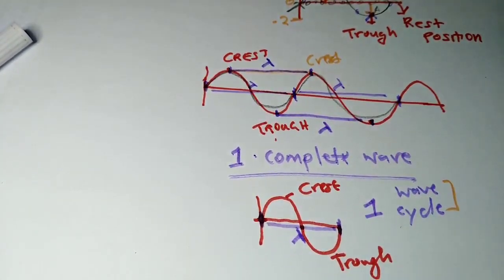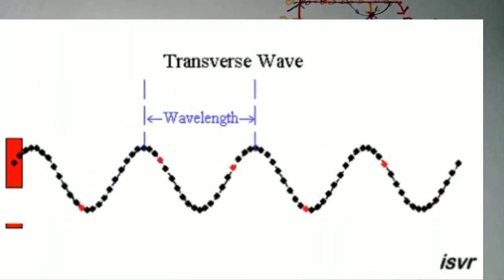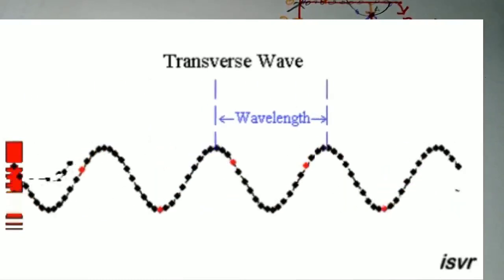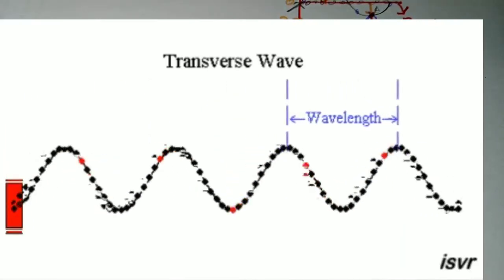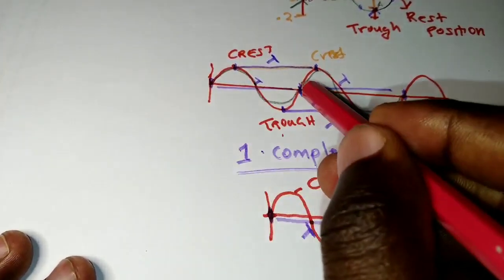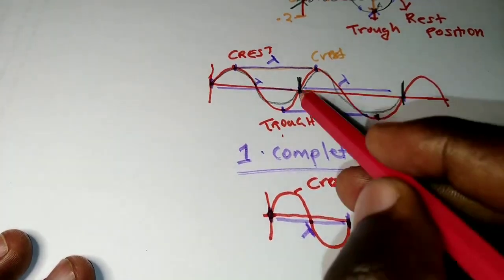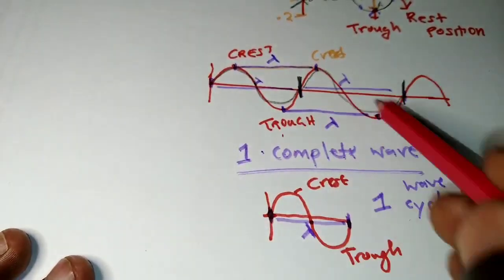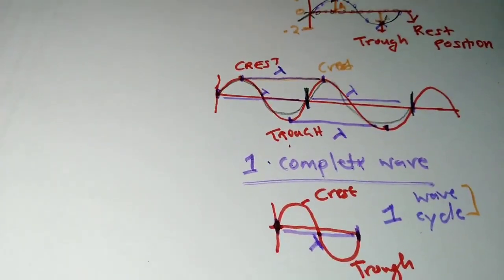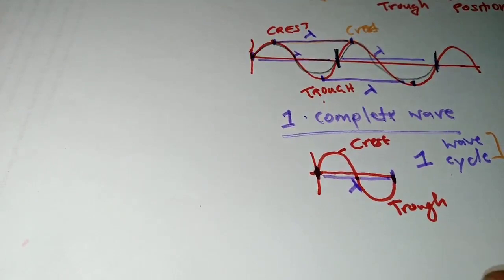The particles move like that, so it's just a pattern. Once a wave is formed, crest and trough, crest and trough, all that is simply a repetition. So that's what we can say about a wavelength.